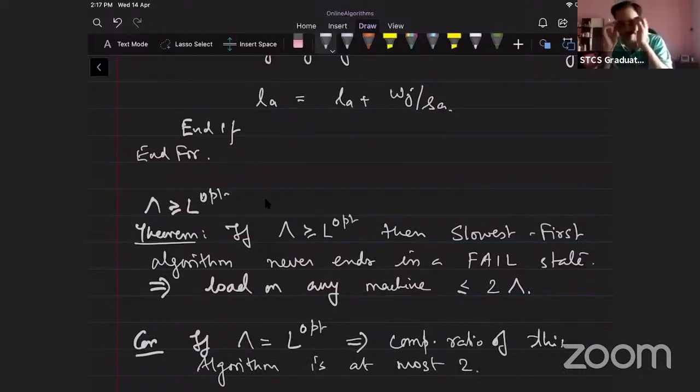Does everybody see that? What am I saying in the theorem? That if lambda is a valid upper bound on LOPT, then the algorithm will never end in a fail state. And what does that mean? Someone?